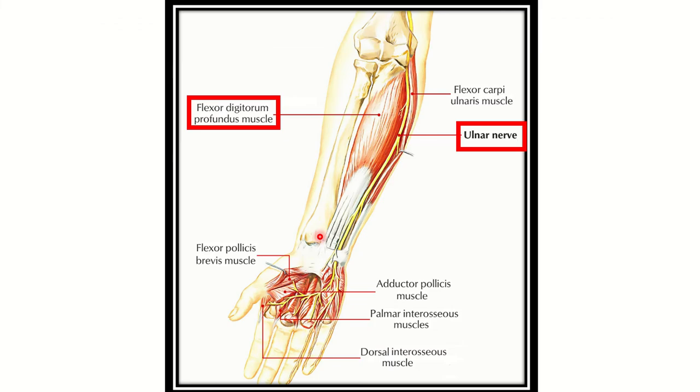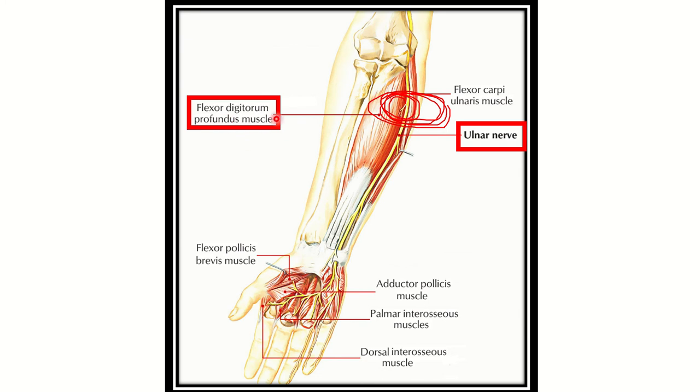The permanent position of this is known as the claw hand. Another important point: this muscle gets its nerve supply from the ulnar nerve, and it receives its supply proximally. So the first point is the function, and the second is that this muscle gets its nerve supply at the proximal part of the flexor digitorum profundus.